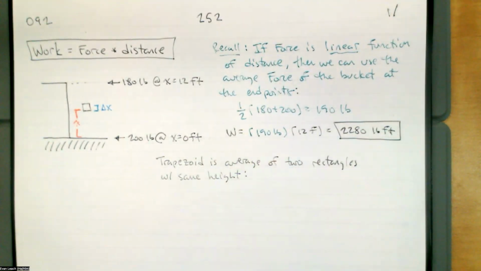A trapezoid is going to be the average of two rectangles that have the same height.